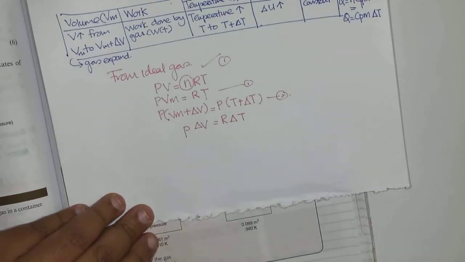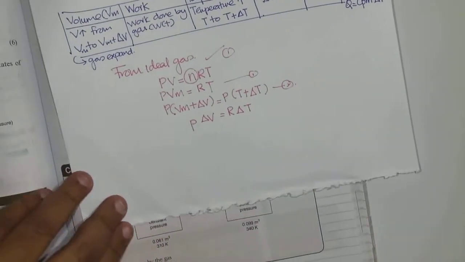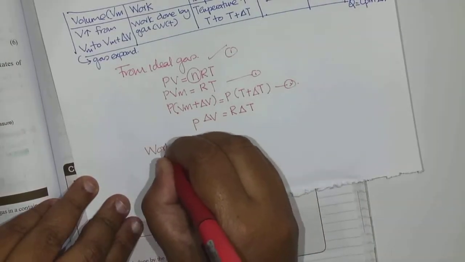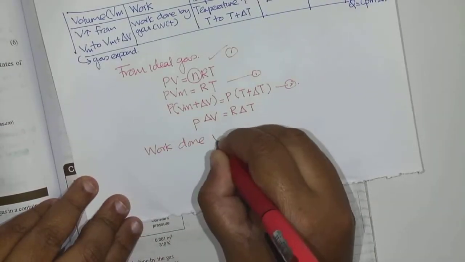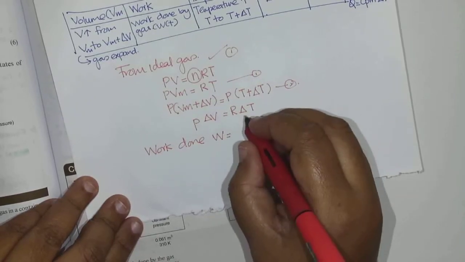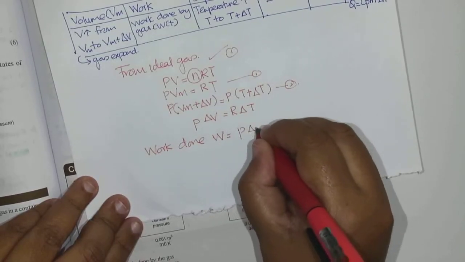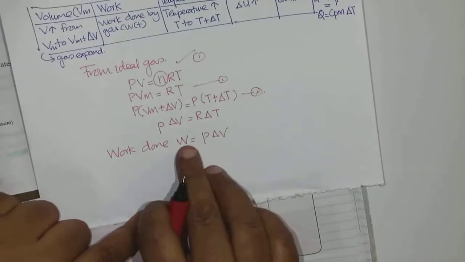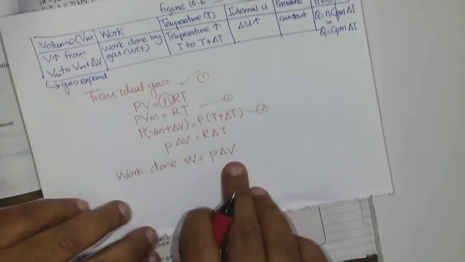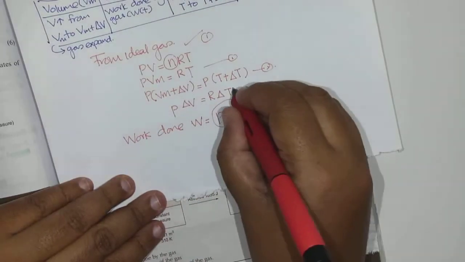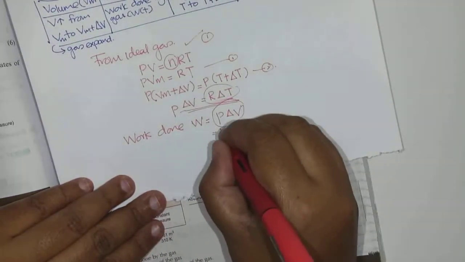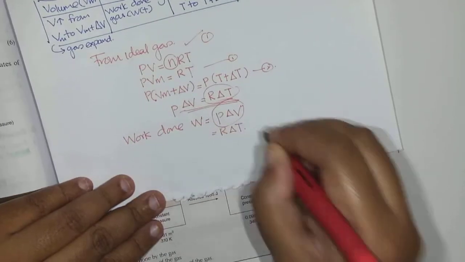Concept number 2: work done, W equals P delta V, correct? It's positive because work is done by the gas. P delta V equals R delta T from concept number 1, so W equals R delta T.